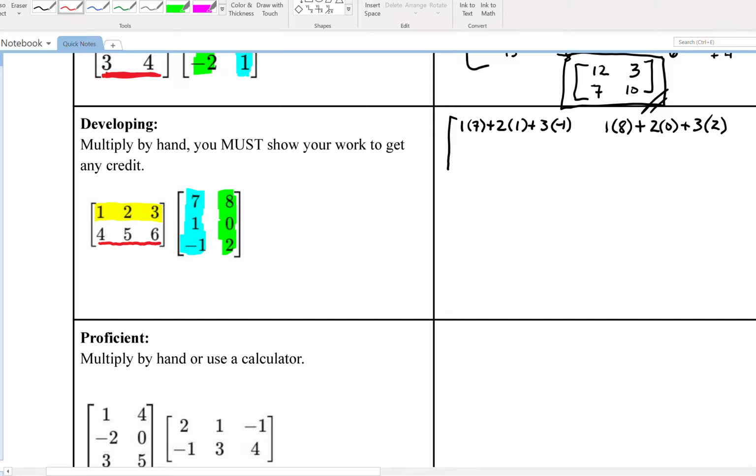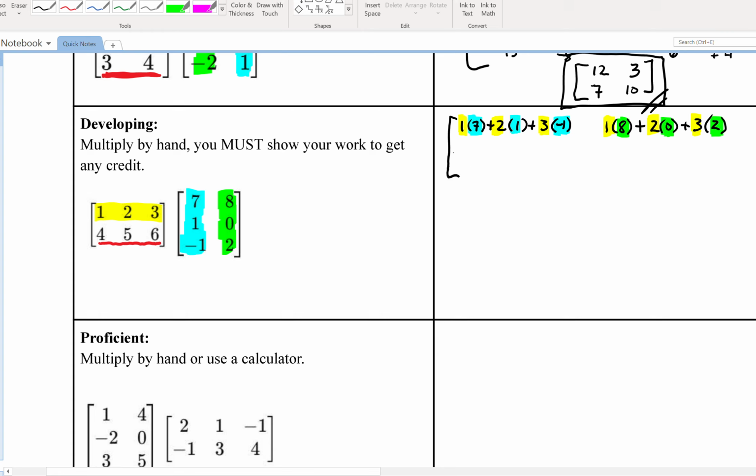So let's go back and make sure that I've done this correctly. The 1, the 2, and the 3 from that row, consistently in that row. And then the 7, the 1, and the -1. And then over here, the 8, the 0, and the 2 correspond to the ones that we're looking at there.